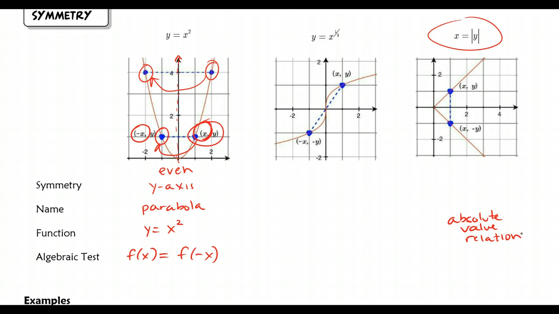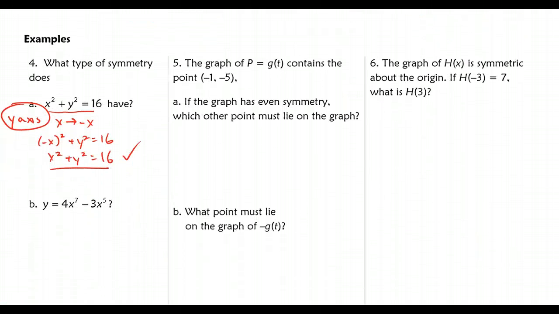But this is symmetric with respect to the x-axis, because if you see here, every point has been reflected over the x-axis. So the algebraic test for this is going to be to check, is f of x equal to negative f of x?